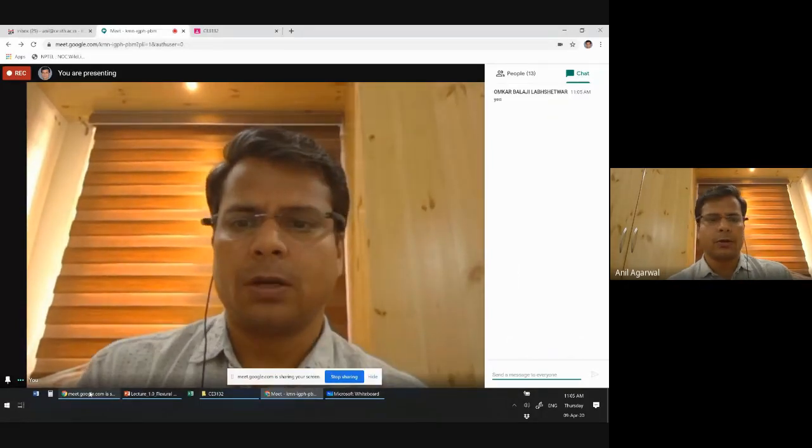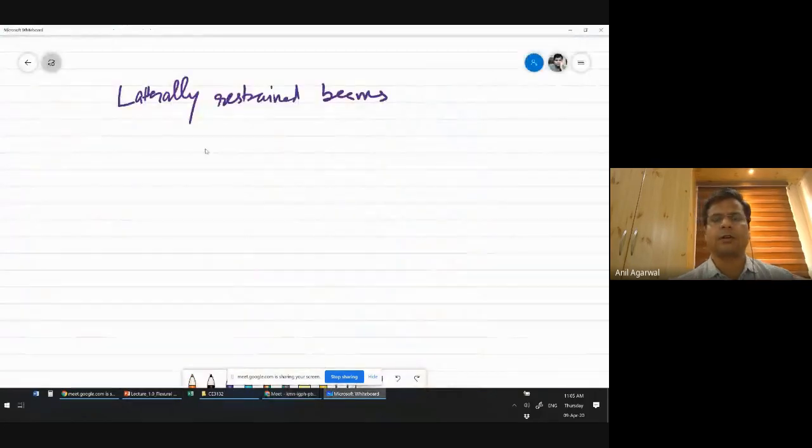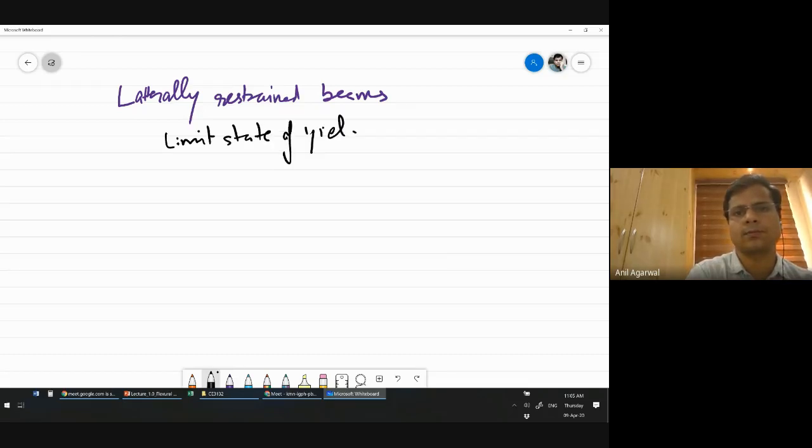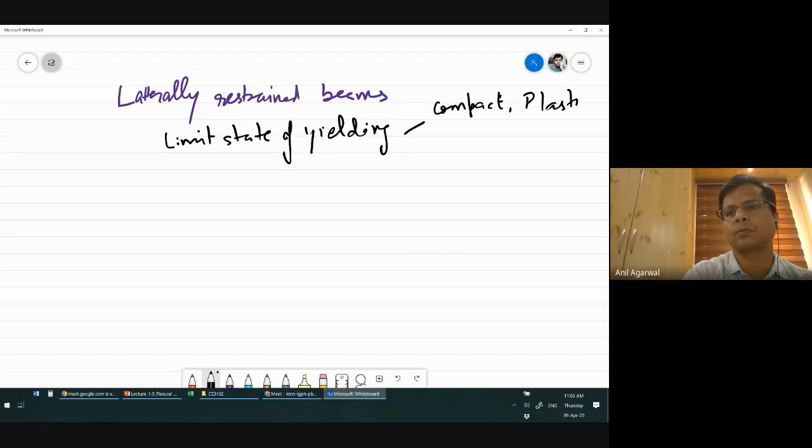Okay, good. All right, so starting with the laterally restrained beam, it has only one limit state, that is the limit state of yielding, right? And in this, we had a discussion about compact and plastic sections, and another group was semi-compact sections.